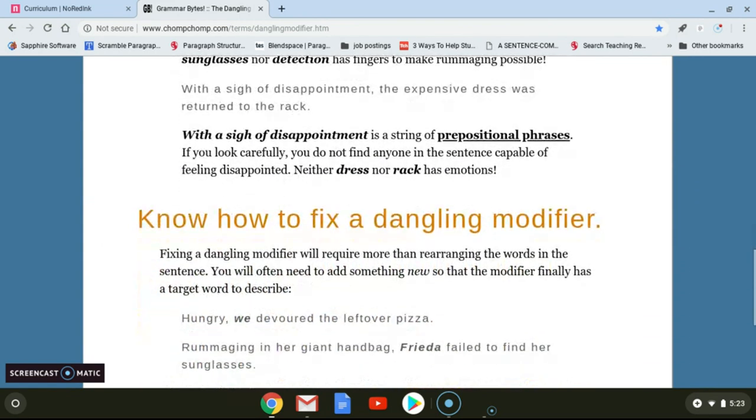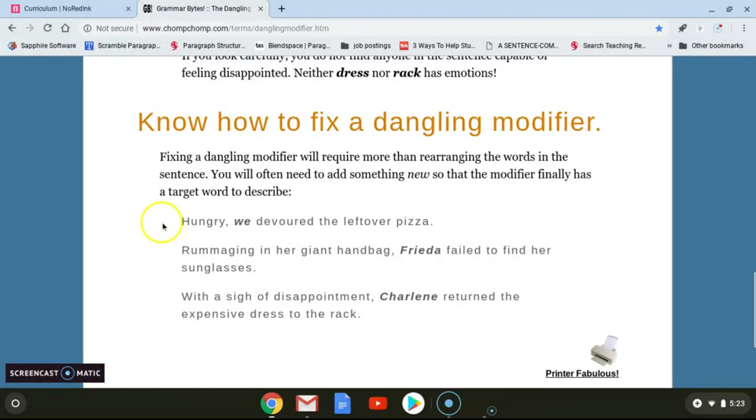A rewrite of that sentence would look like this. Hungry, we devoured the leftover pizza. Now we can see that we are the ones that were hungry. Therefore, hungry, the modifier, is now describing we, the target. So how can I fix this?